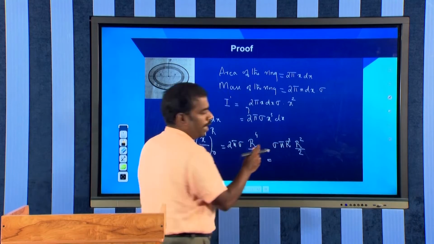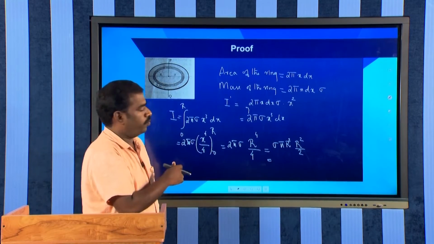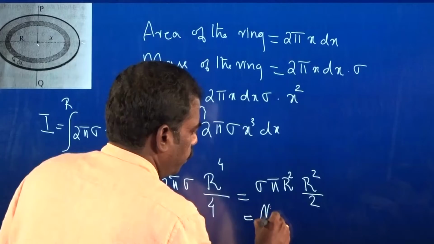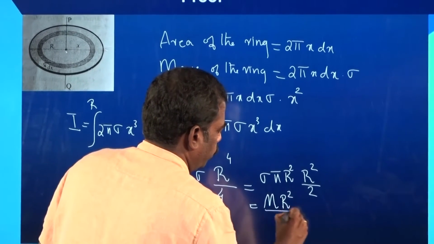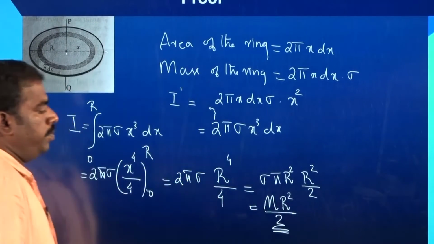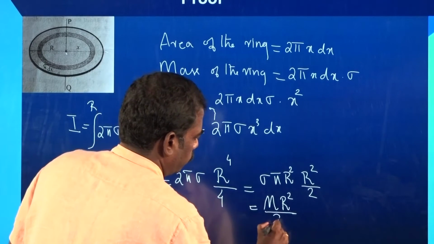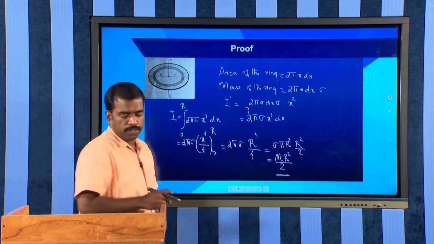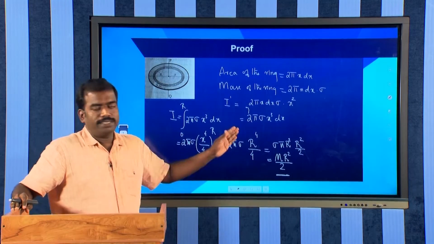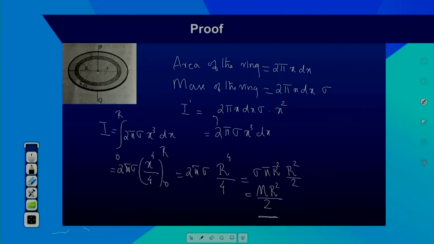Sigma pi r square is the total mass of the disk, so it is m r square by 2. This is the moment of inertia of the disk of mass capital M and radius capital R.